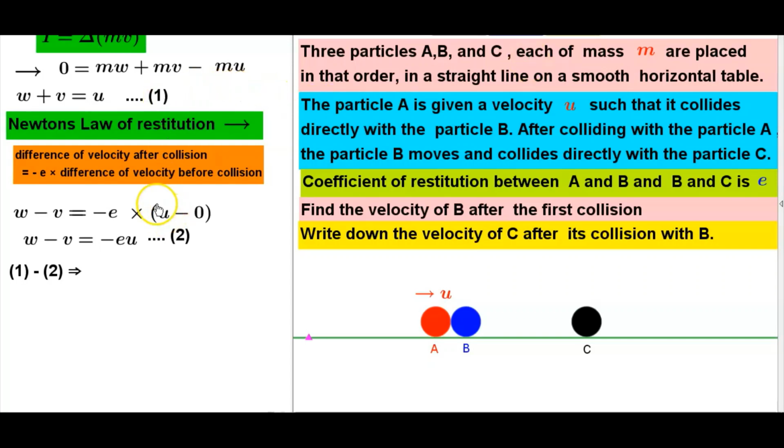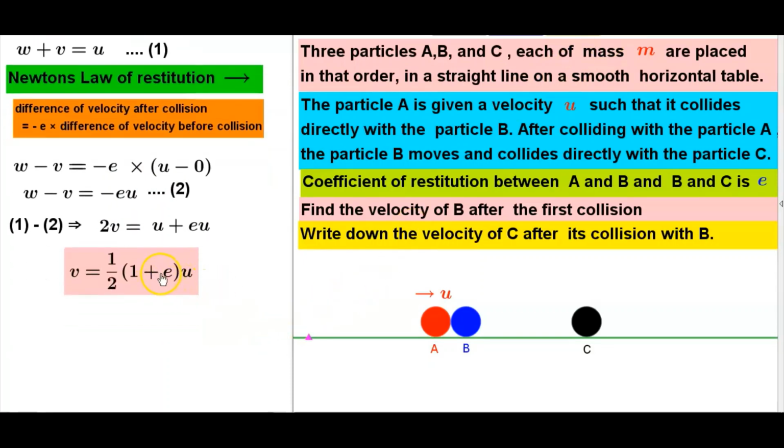Equation 1 minus equation 2: W cancels, V plus V. Therefore 2V is equal to u plus Eu. So V is equal to half into (1 plus E) into u.